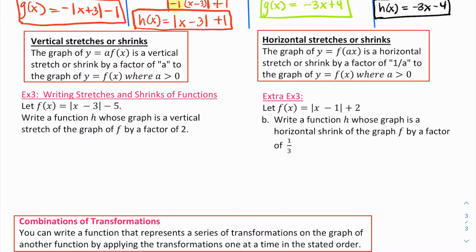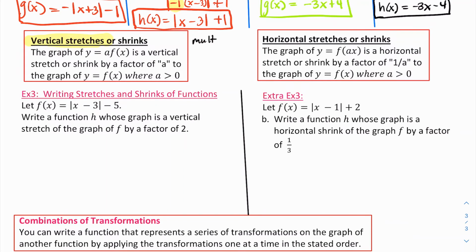For number 3, we will be writing stretches and shrinking of functions. And when that happens, you multiply the entire equation by whatever they ask you to do. There are horizontal ones and vertical ones. So let me go over those. We have a vertical stretch, and that means that you multiply the entire function by the a value.